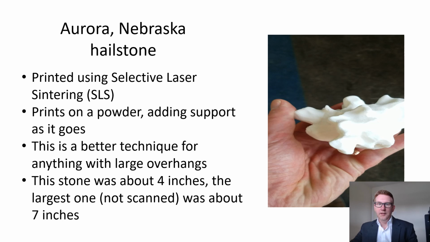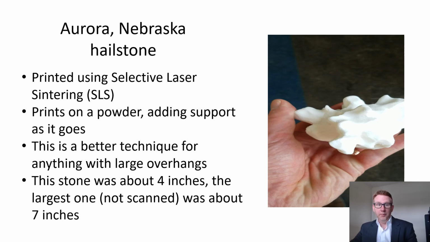The advantage to this is that you're basically building a solid block of powder plus object, and so it's adding support to the overhangs as you go. In deposition modeling, the computer can actually add supports for various overhangs.